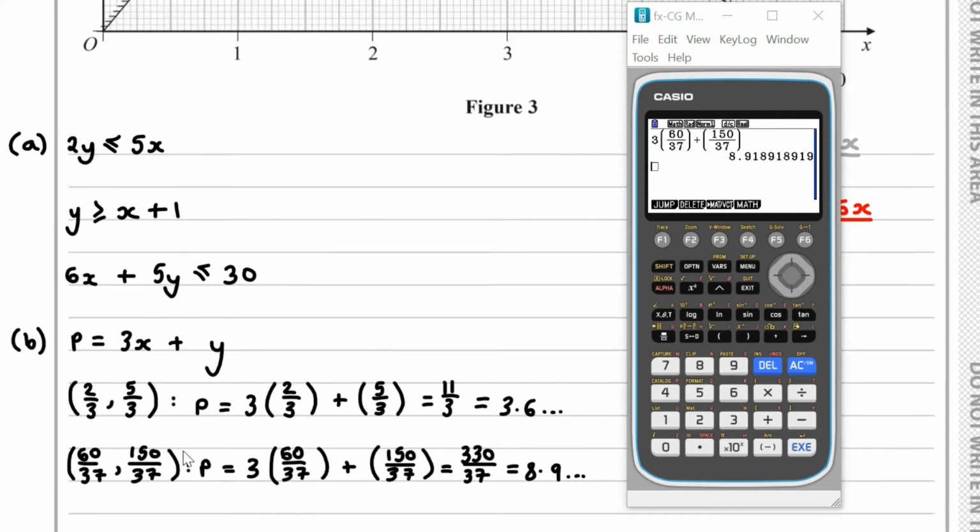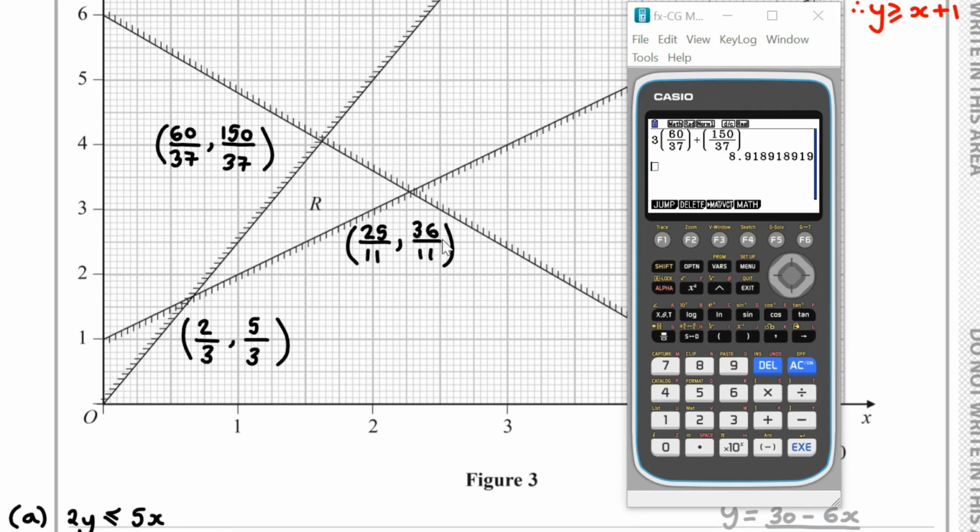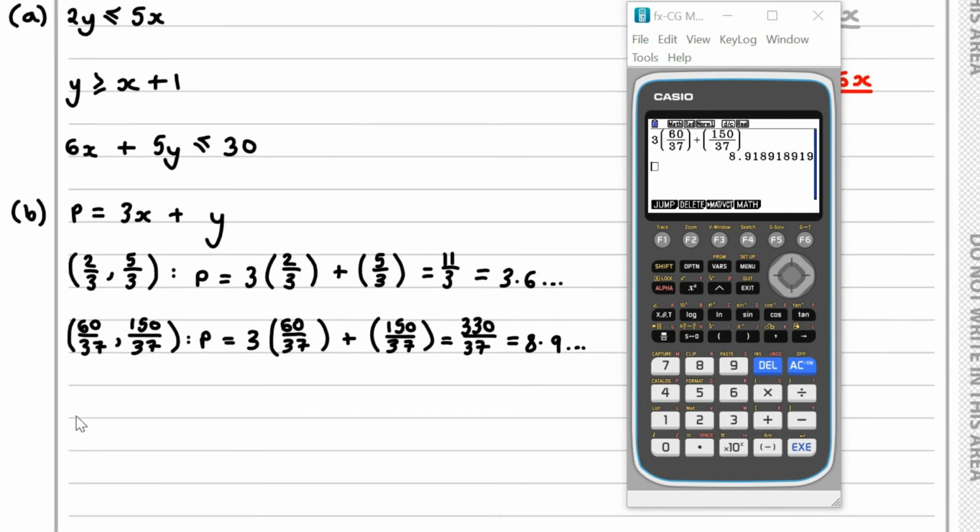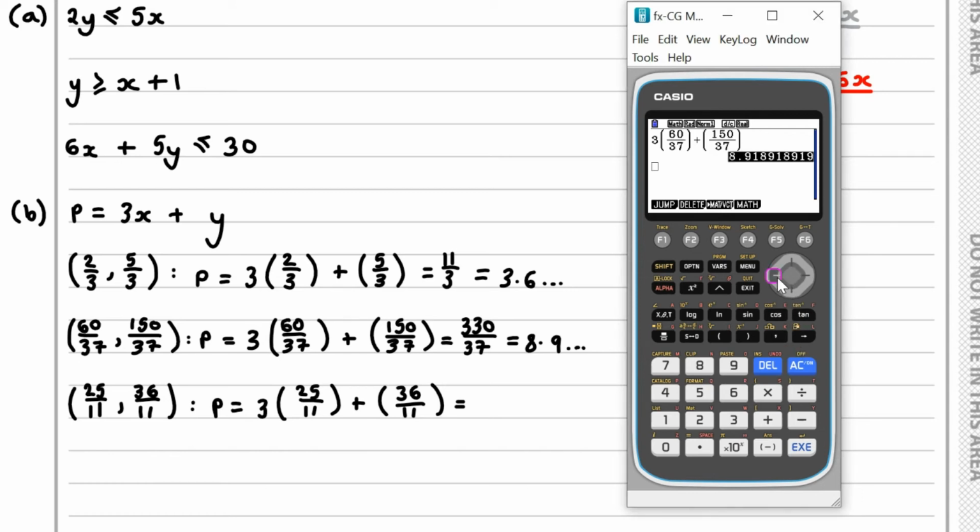And if we consider the other coordinate, the 25/11 and 36/11, we've got p equals 3 lots of 25/11 plus 36/11. And if we work this out, let's just change this.